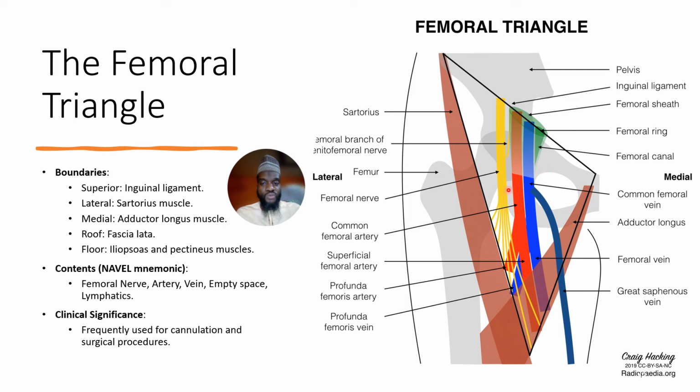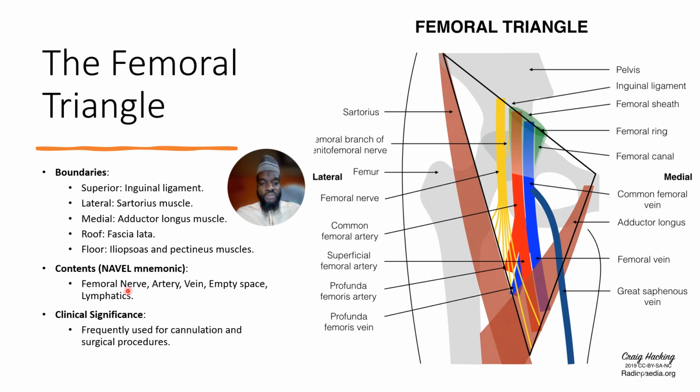Those are the things above which you find these blood vessels or this content, right? So the adductor longus medially, the floor is formed by the iliopsoas and pectineus, while the roof is formed by the fascia lata.